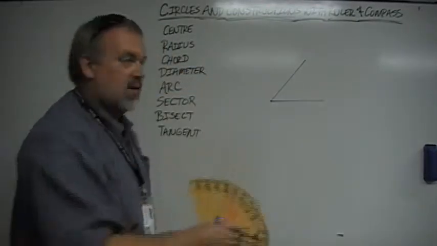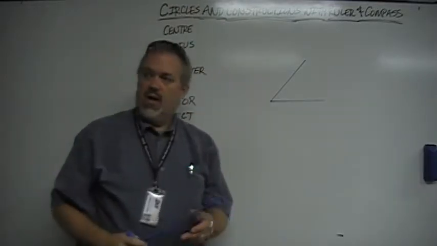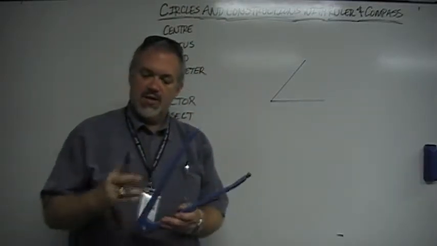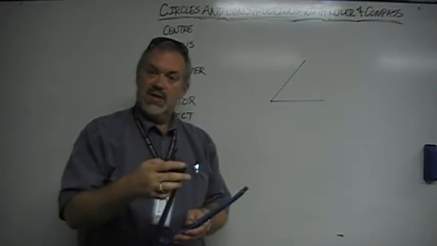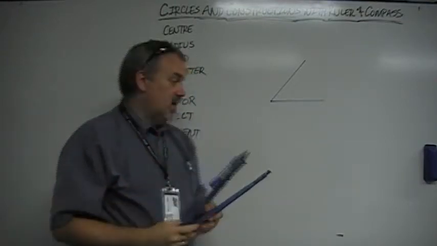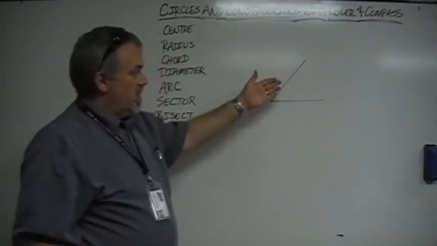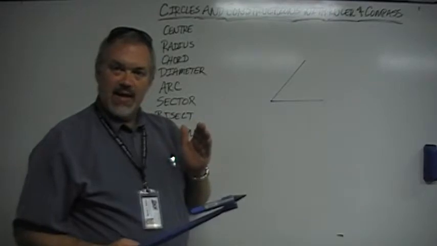Now with a protractor, theoretically, I could measure the angle, figure out half and measure it. But what we're talking about today in particular is constructions that use just a compass and a ruler. So the first one we're going to talk about is bisecting. This is one of the simplest constructions. It's where we take this angle and cut it exactly in two.